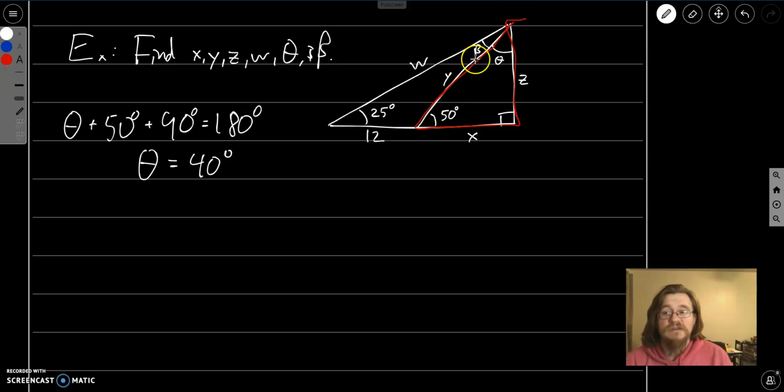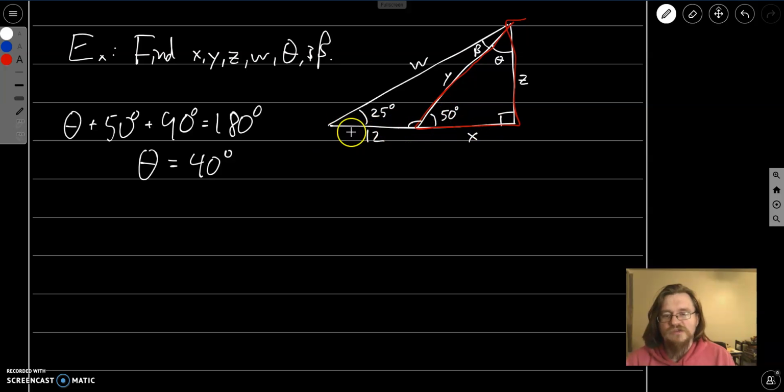Then we have beta up here, and in this triangle we can do this in a couple different ways. Let me solve for beta in two different ways. One is that we have three angles in this triangle, and to solve for beta I need to know the other two angles. This angle down here, the one opposite the 50-degree angle, is supplementary to the 50-degree angle.